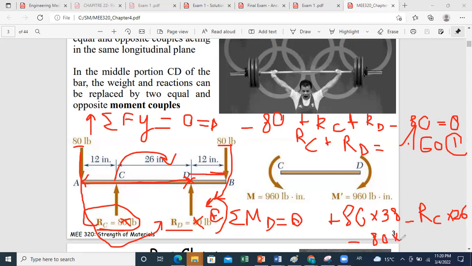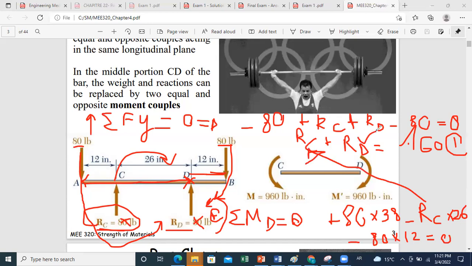So now this equation will give you that RC is equal to 80. And when you replace RC by 80 in equation number 1, you get that RD is also 80.